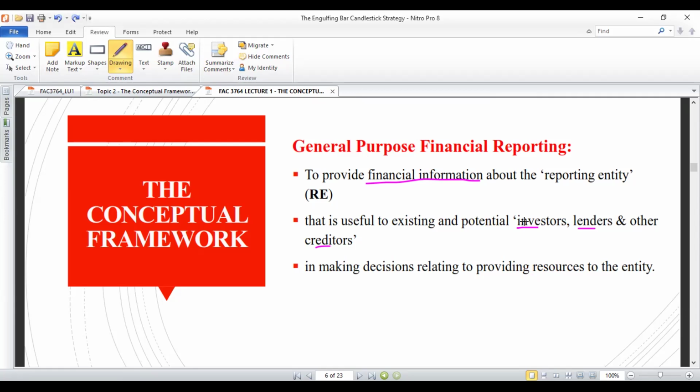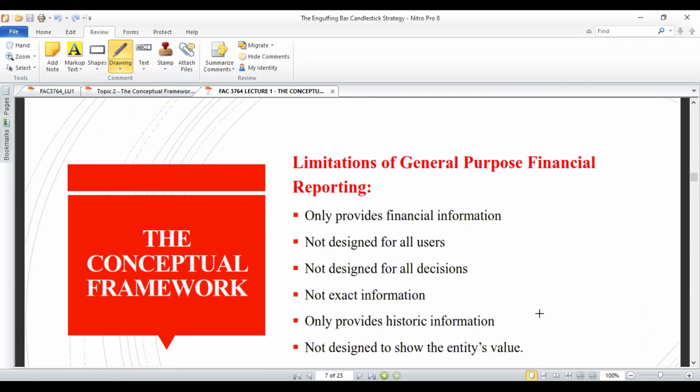Are we going to have a return on our investment at the end of the day? So financial information helps this group of people make an informed decision. They can decide to invest or provide their resources to the company, depending on the status of the financial reports produced by the reporting entity. If the reports are positive, then provision of resources can be possible. If not, they might not receive the resources that they require.